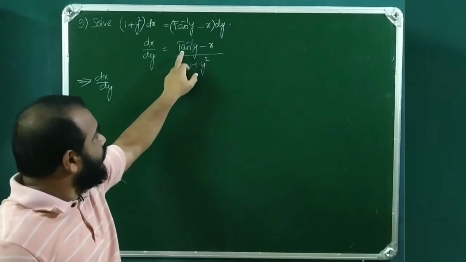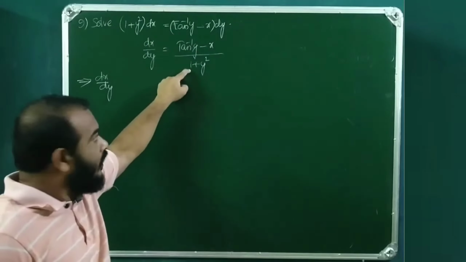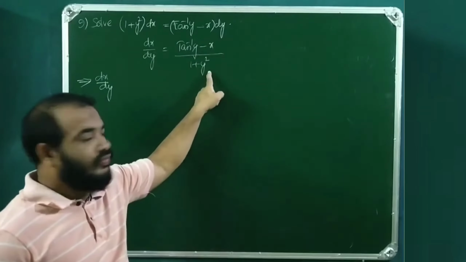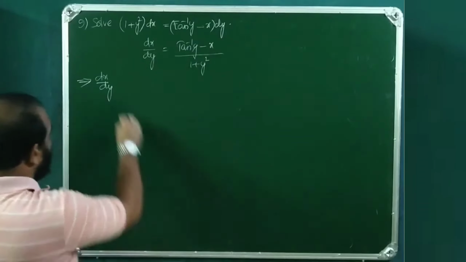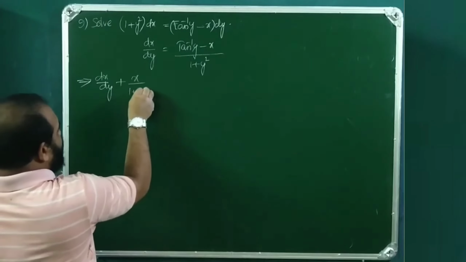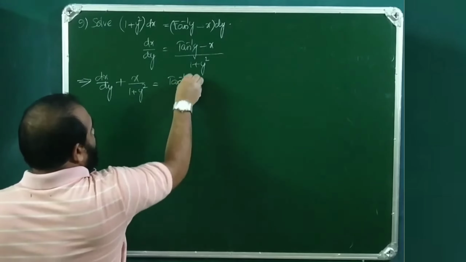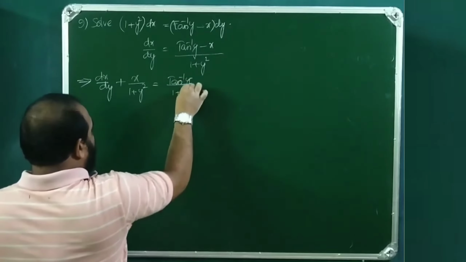This is equal to tan inverse y by 1 plus y square minus x by 1 plus y square. This minus x by 1 plus y square, if you transpose here, this is plus x by 1 plus y square equal to tan inverse y by 1 plus y square.